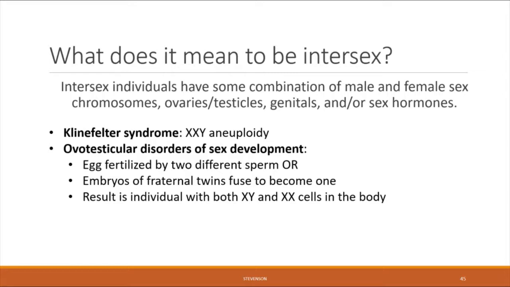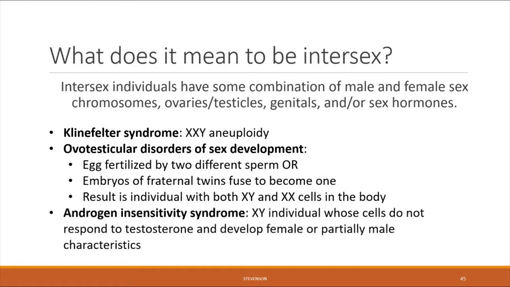For example, if an egg is fertilized by 2 different sperm, or the embryos of fraternal twins that are initially 2 separate embryos inside of the womb then fuse to become one, then an individual can be born with a combination of XY and XX cells in the body. And so part of their body is XX and part of their body is XY.